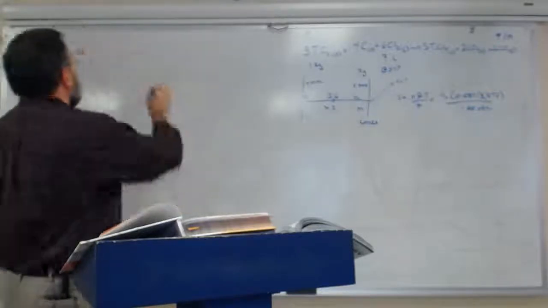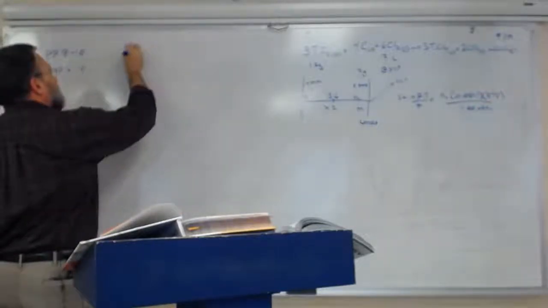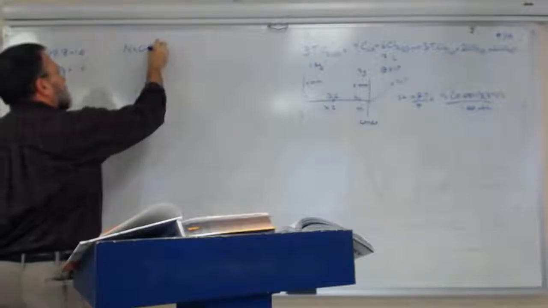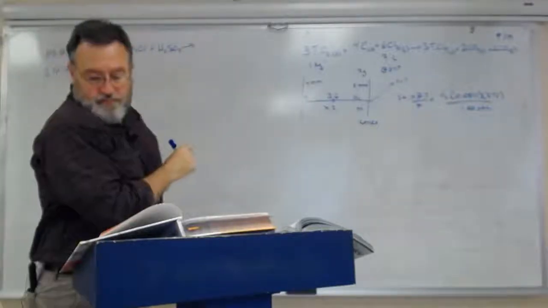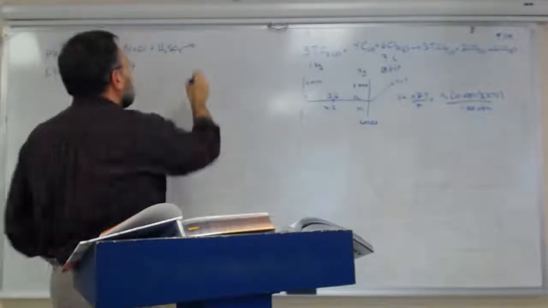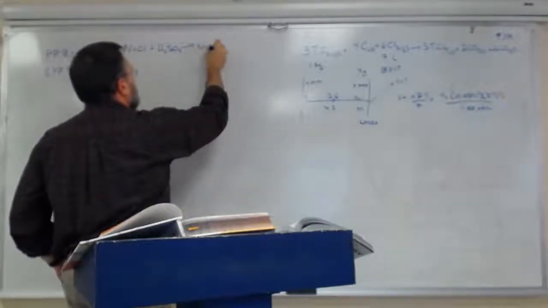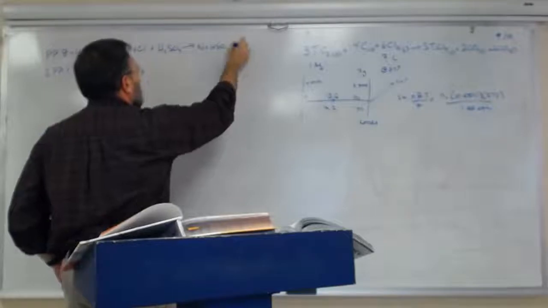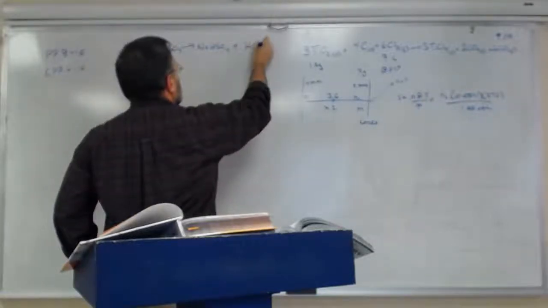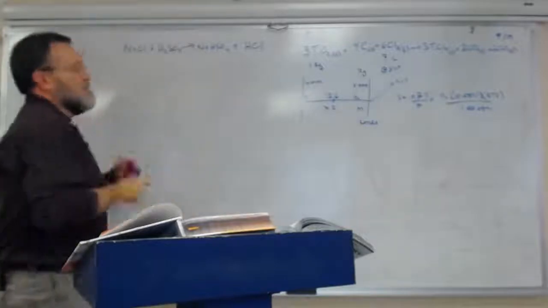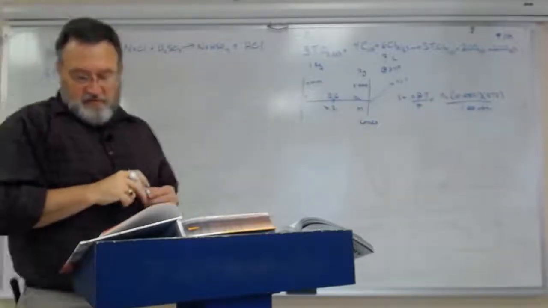Sodium chloride and sulfuric acid. So we've got NaCl. You're making hydrochloric acid from salt and sulfuric acid.